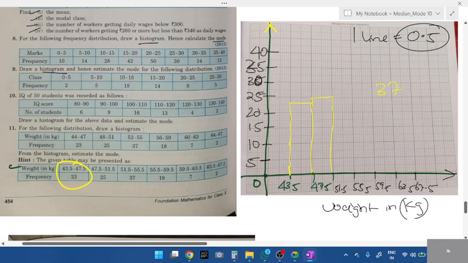Up to where are the values available in the y-axis? Close to 37, what value is given? 35 is given. So 35 plus what will give 37? This 2 you have to divide by what? 0.5.